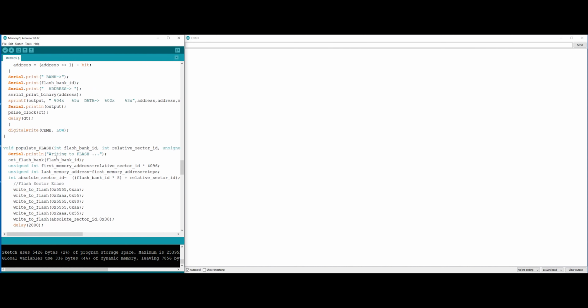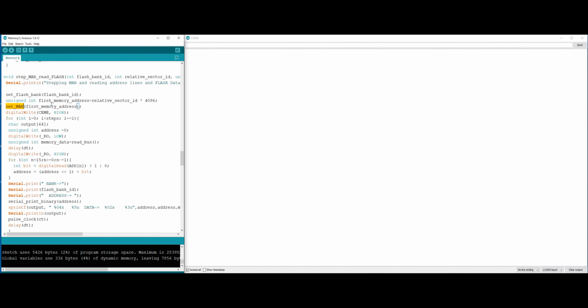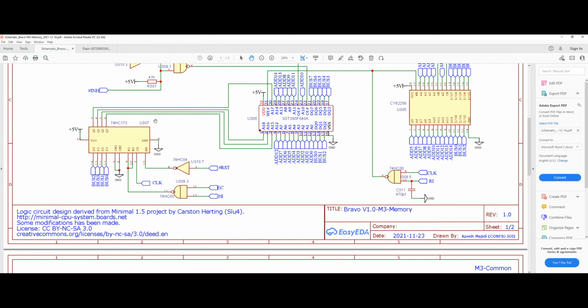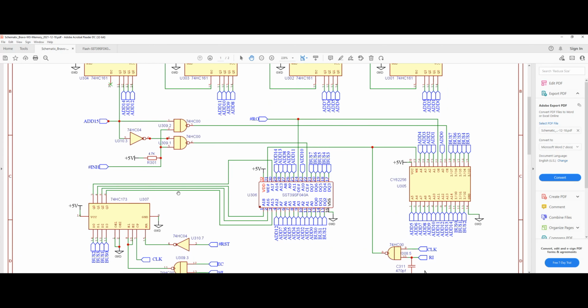Once we had the memory address register set to that first memory address, we could start the counting operation on it, which is done with this line of code, digitalWrite CME.